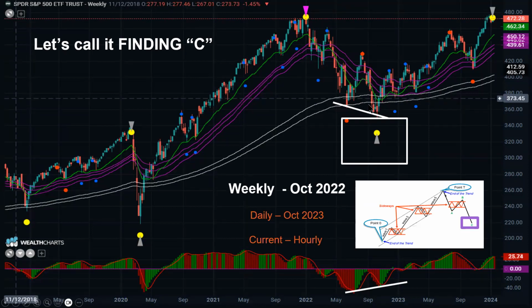I'm going to show you some today, but not many, because this was the big buy in October 2022 on the weekly chart. And what our indicators show is when we get the gray arrow after a purple arrow and a significant retracement. And we have many things that go into this, not just the gray. This is the time to buy.